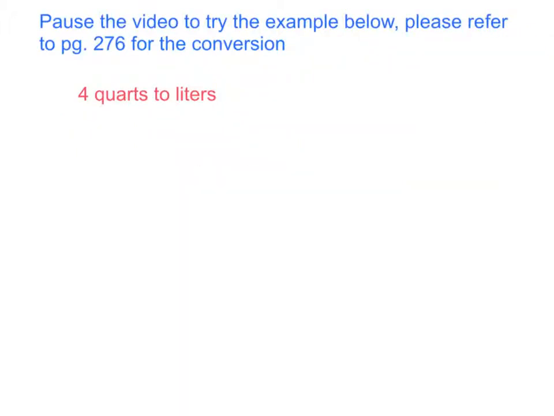Pause the video to try the example below. Please refer to page 276 for the conversion. This says 4 quarts to liters. Well, when we refer to the chart, we see that 1 quart is equal to 0.946 liters.